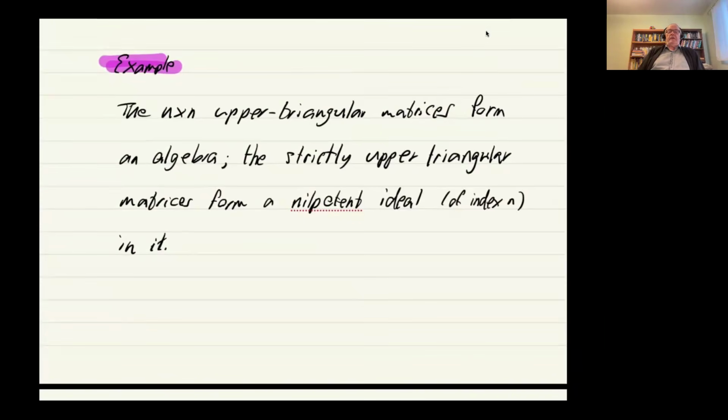It's a subalgebra of the matrix algebra, it contains the identity, it's closed under multiplication, and it's a vector space, so it's an algebra. Now, the strictly upper triangular matrices, which are upper triangular and 0 on the diagonal, have some power equal to 0, and so they're nilpotent. So the strictly upper triangular matrices form a nilpotent ideal.